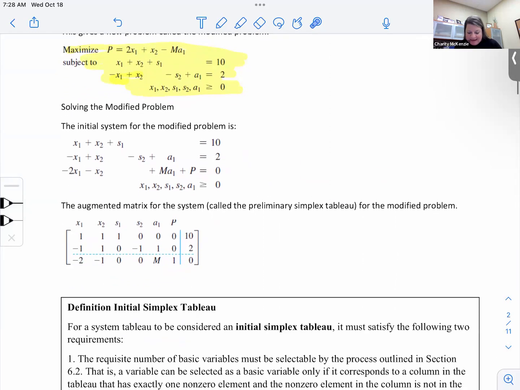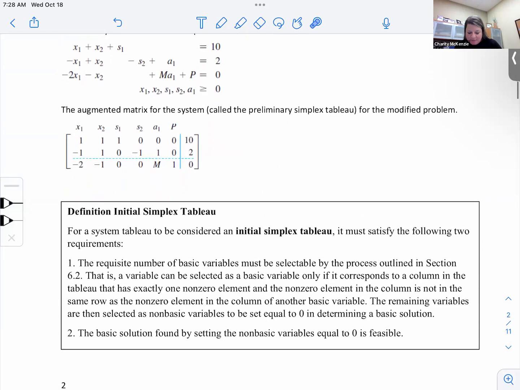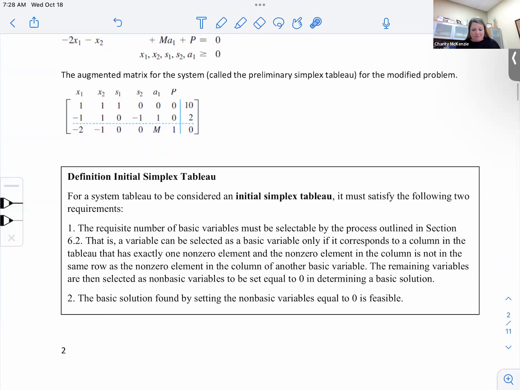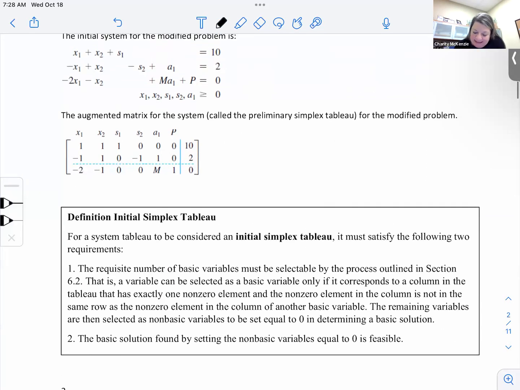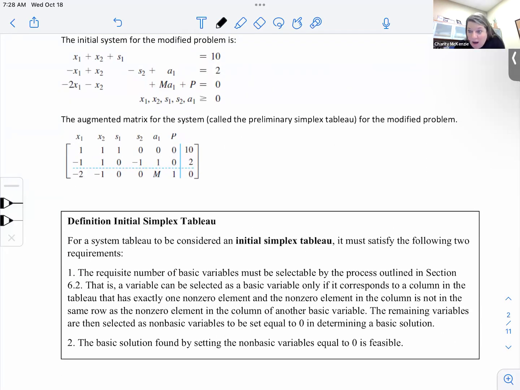Let's go ahead and write it in our initial system. So our initial system is going to look like this. Definitely label, because it really doesn't matter if the S's and A's are in a little bit different order. So definitely label the top like you see on this one. You have your X's, then your slack, then your artificial, then your P. Notice on the artificial, when I put it in here, it was MA1.